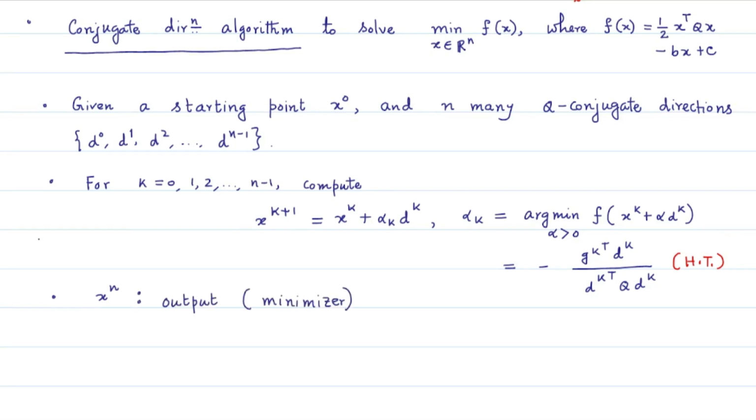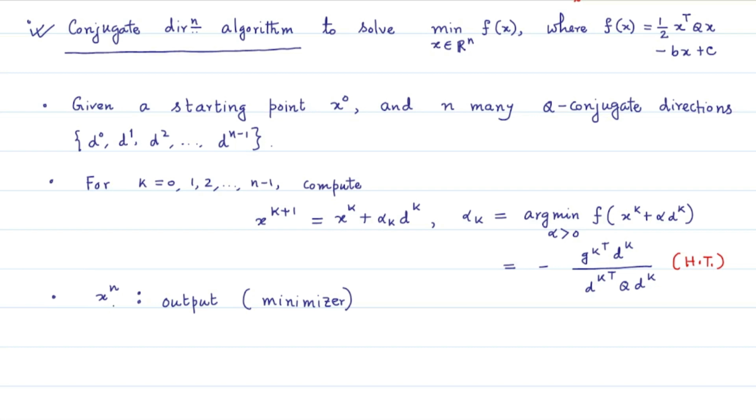Here you notice that as we have used Q-conjugate directions d0 till dn minus 1, the name of the algorithm is the conjugate direction algorithm. We observe that this conjugate direction algorithm terminates within n many steps by producing xn, which is a global minimizer of a quadratic function.